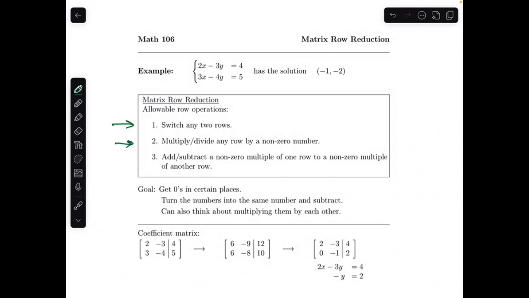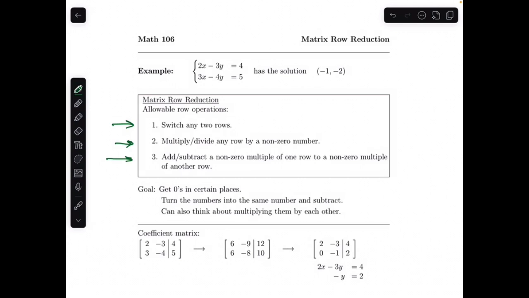You cannot multiply by 0. You can never divide by 0. That one's sometimes useful to make the numbers a little bit smaller. But the most useful one is the third one. This is the one we're going to use pretty much all the time. You can add or subtract a non-zero multiple of one row to a non-zero multiple of another row. All right, and that'll make more sense once we do an example.